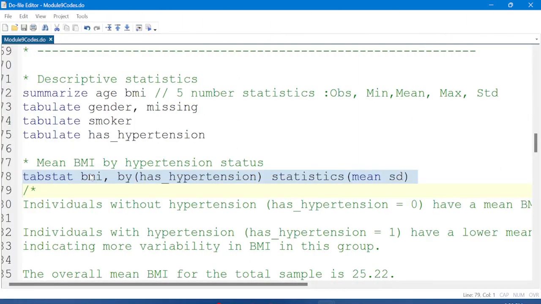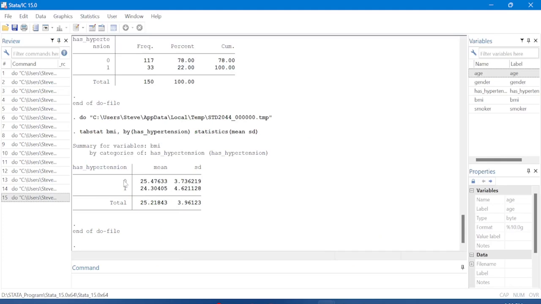For BMI versus hypertension, we need just the mean and standard deviation. Those without hypertension have a BMI of 25, and those with hypertension have a BMI of 24, with a higher standard deviation.